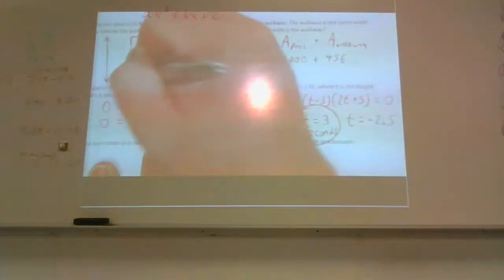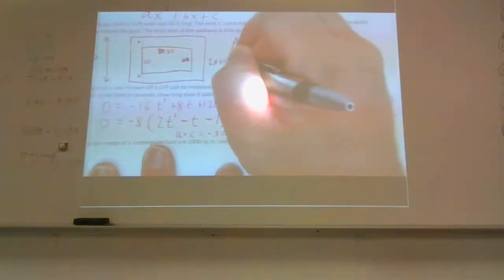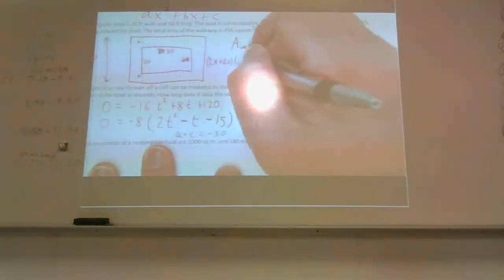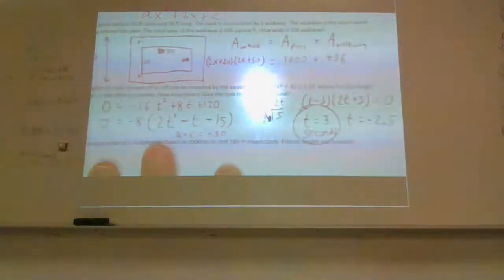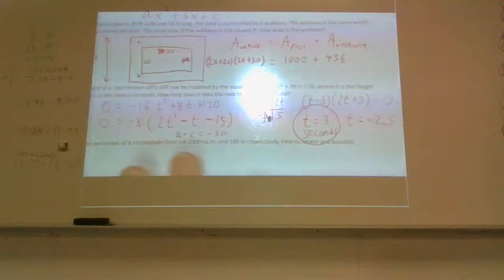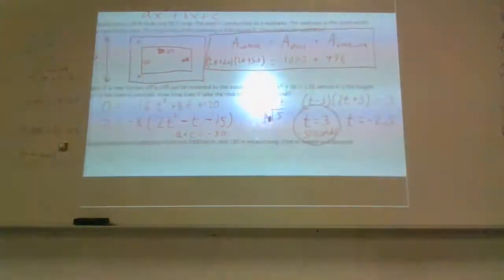But since the walkway is unknown, you would have to label it as X. And the area of the whole thing is equal to that calculation right there.